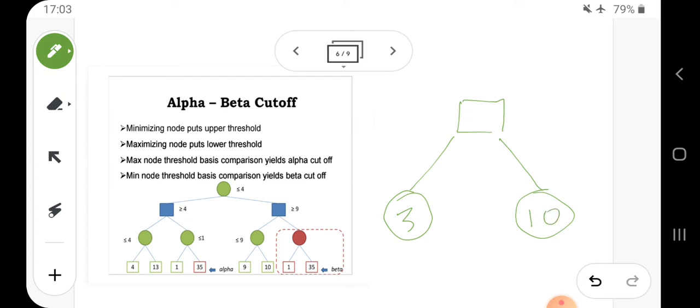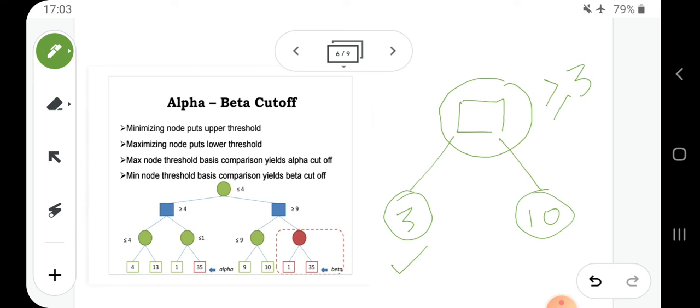In this particular case, just by selecting the first node and evaluating it, we can say that this maximizing node will always return a value greater than or equal to 3.